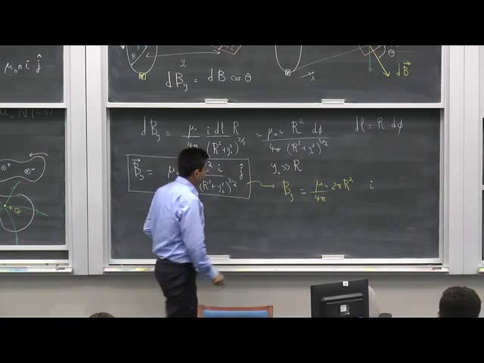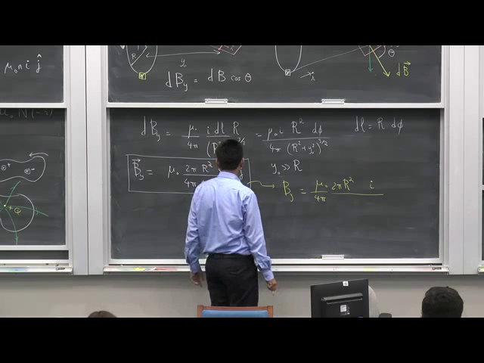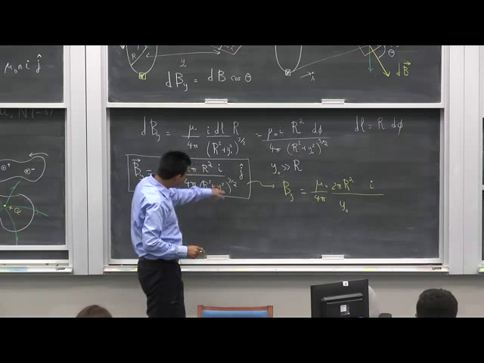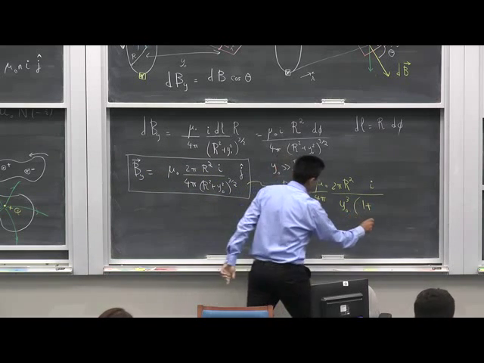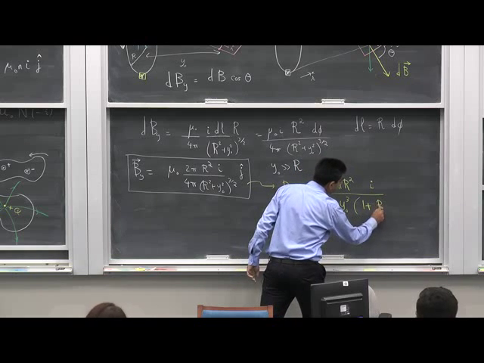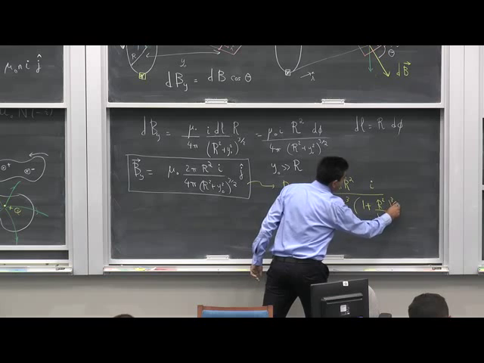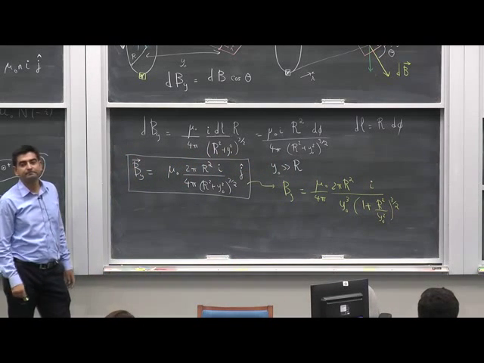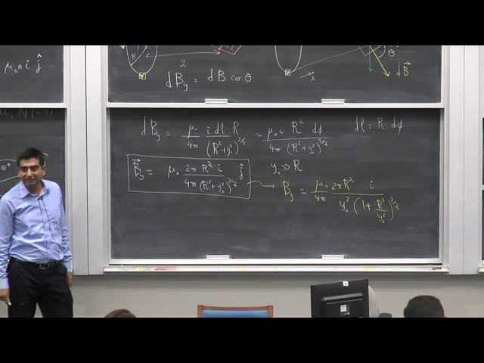This thing becomes, I take y naught squared as common, I get y naught cube times (1 plus r squared over y naught squared) to the power 3 by 2. Alright?